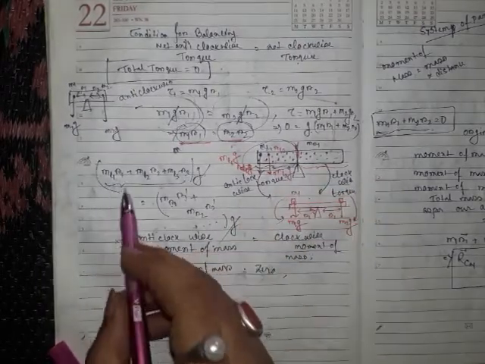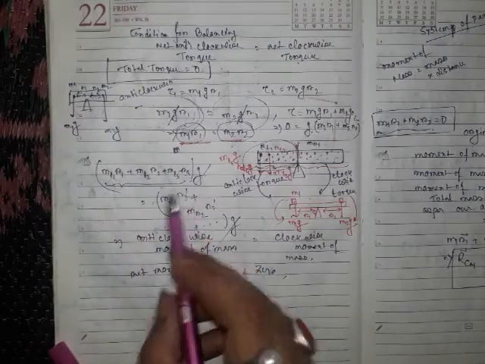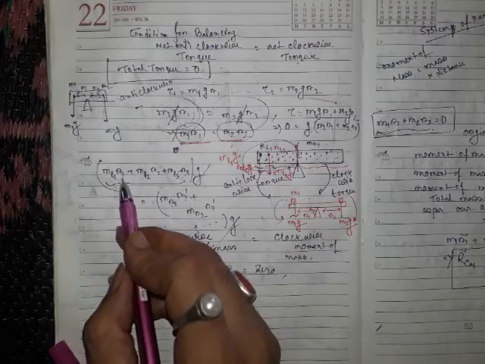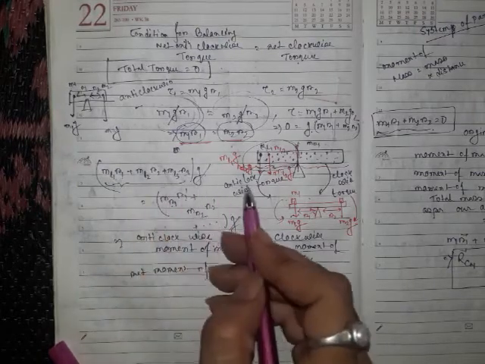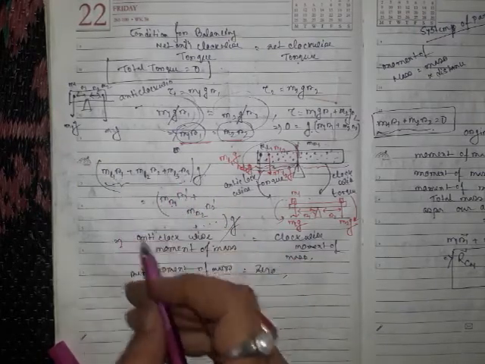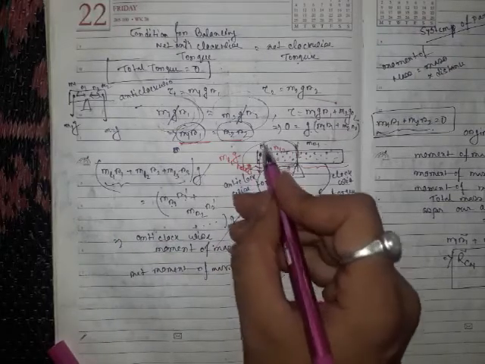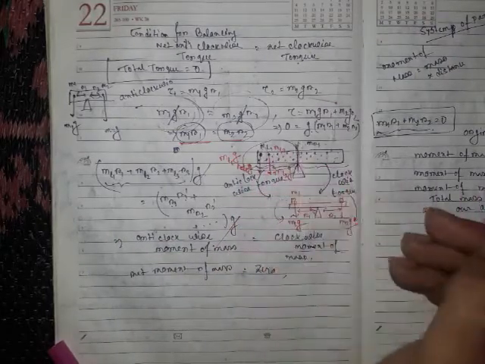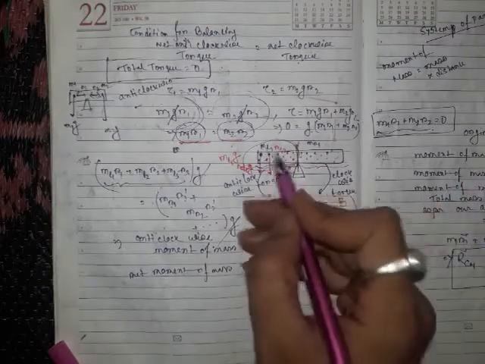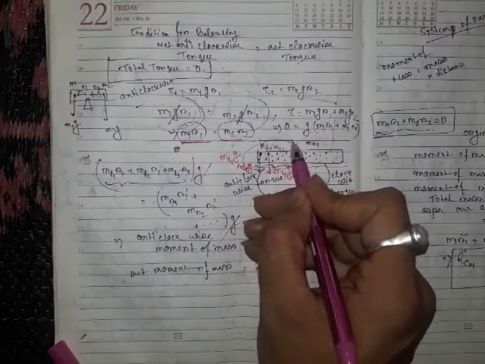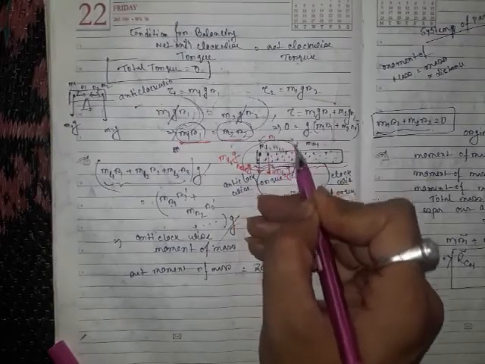So that means the total weight of the left hand side will be... sorry, here I have written the torque. Assume that this ml1 is at a distance r1 from the fulcrum.